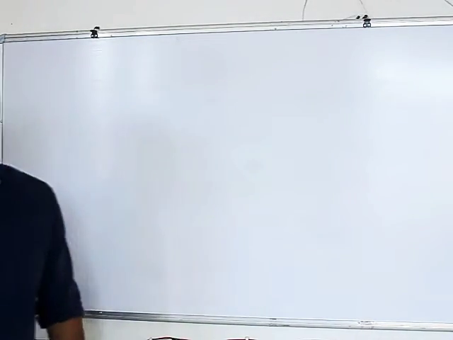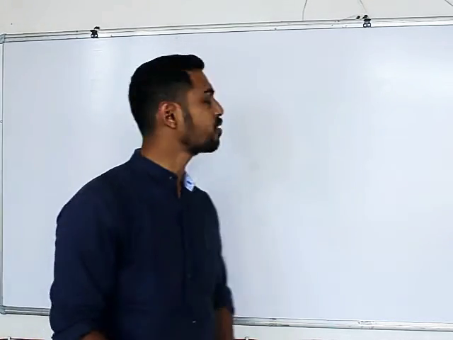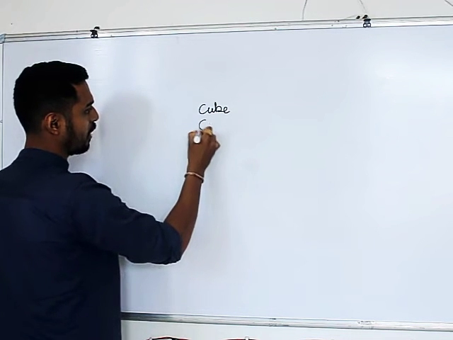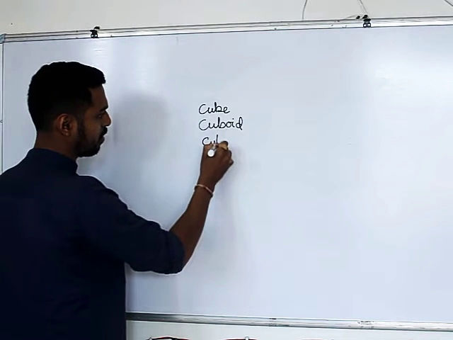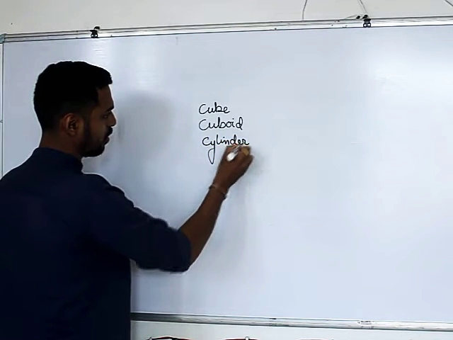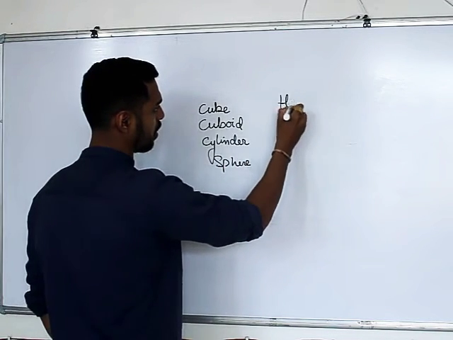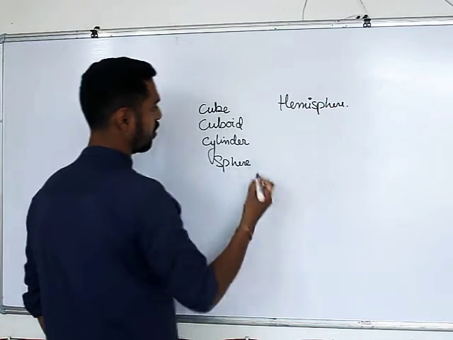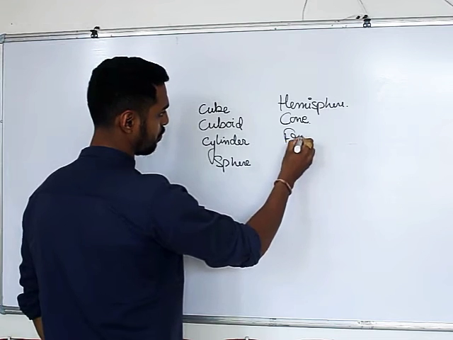So first of all, we will see what the shapes are which we are going to discuss. The first one is cube, then cuboid, then cylinder, sphere, hemisphere, cone, frustum.